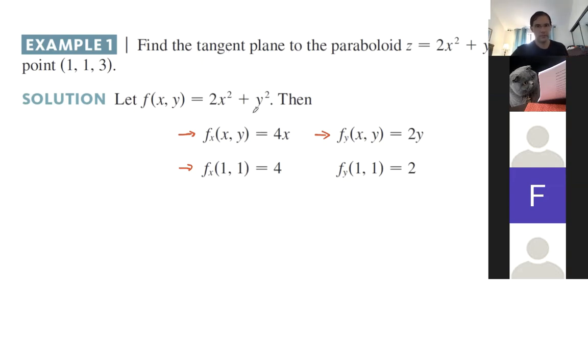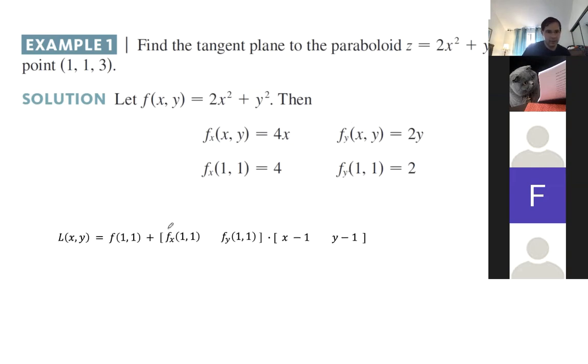Yeah, perfect, thank you. So now this is the partial derivative of this function with respect to y, that's 2y, and then evaluate this function at 1, 1, that's 2. Okay, now what we have to do is look at the vector of partial derivatives at 1, 1. So this is the partial derivative of my function with respect to x, the partial derivative with respect to y, both evaluated at 1, 1.